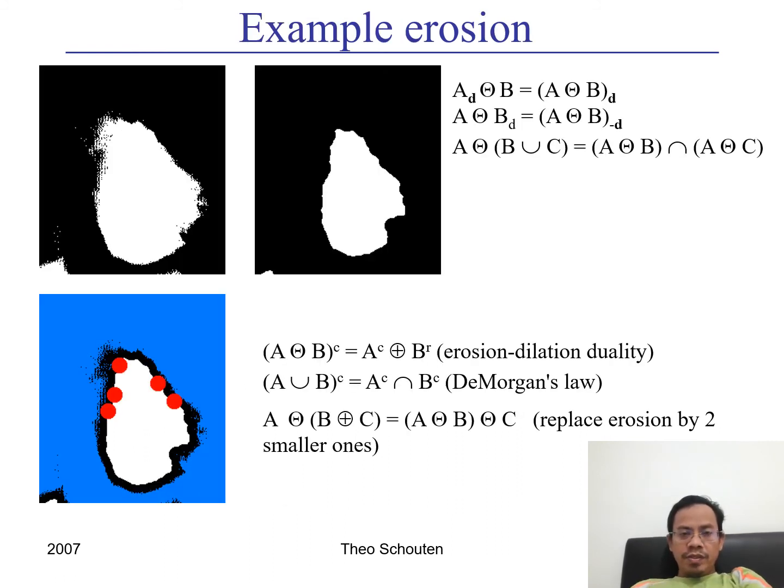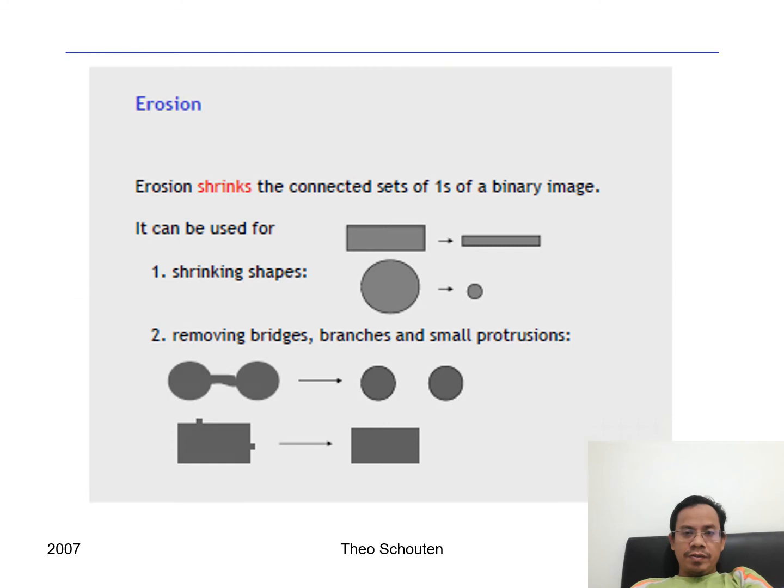Shrink means to make the original image smaller, so that we get a good shape of the object. Erosion shrinks the connected sets of logical ones of a binary image. It can be used for shrinking shapes, removing bridges.